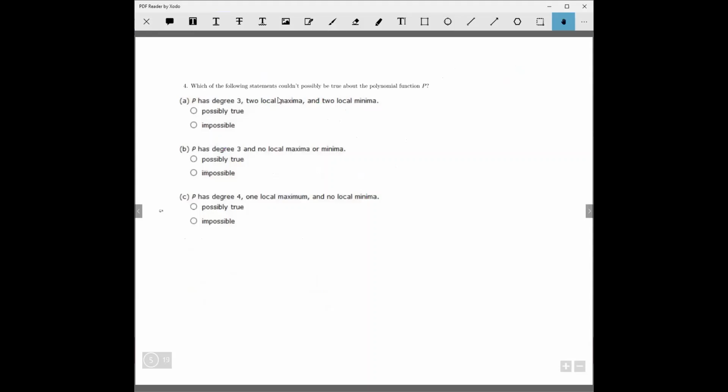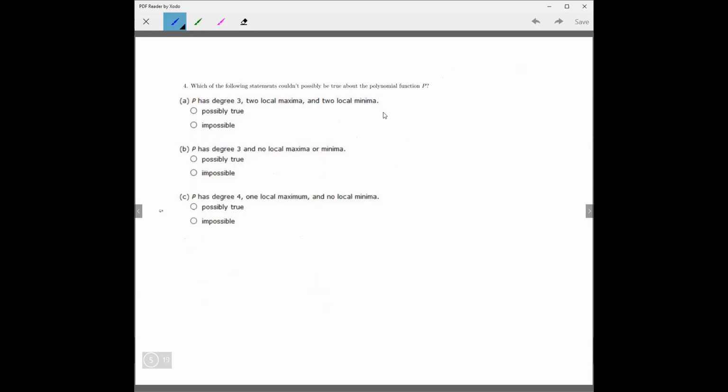Let's go to number 4. Which of the following statements couldn't possibly be true about the polynomial P? Okay, so if it's degree 3, can it have 2 local maxima and 2 local minima?